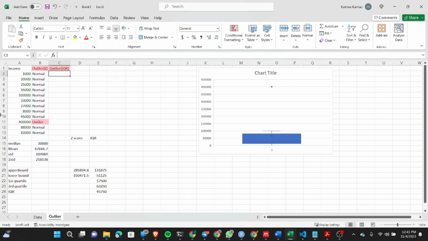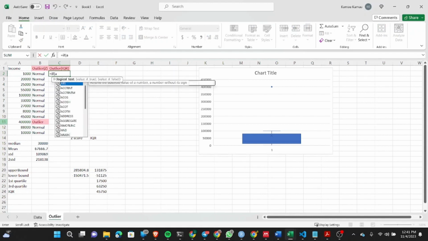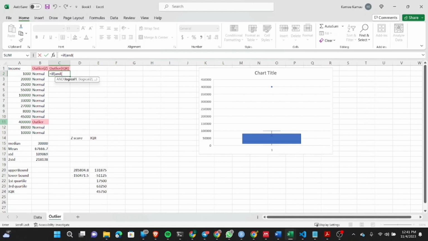And here we put the same formula we had put. So you say if, and we put and, because we want this logic. And what we are saying is we want this data to be greater than the lower bound, and we also want the same data to be less than the upper bound.